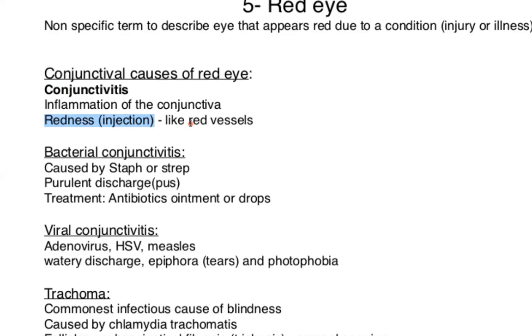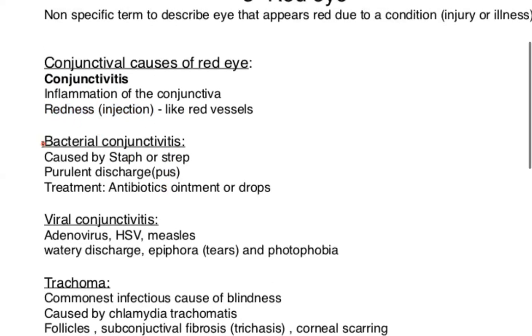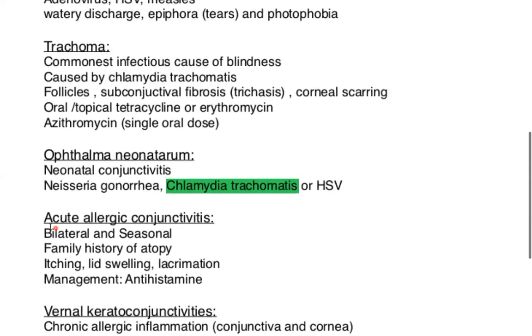If it's clear with blood vessels, what turns red is the blood vessels, not the eye itself. You'll notice some people who haven't slept well, their eye has redness, red lines. That's basically the conjunctiva. Okay? We have a few causes: bacterial conjunctivitis, viral conjunctivitis, allergic conjunctivitis, and a few others.